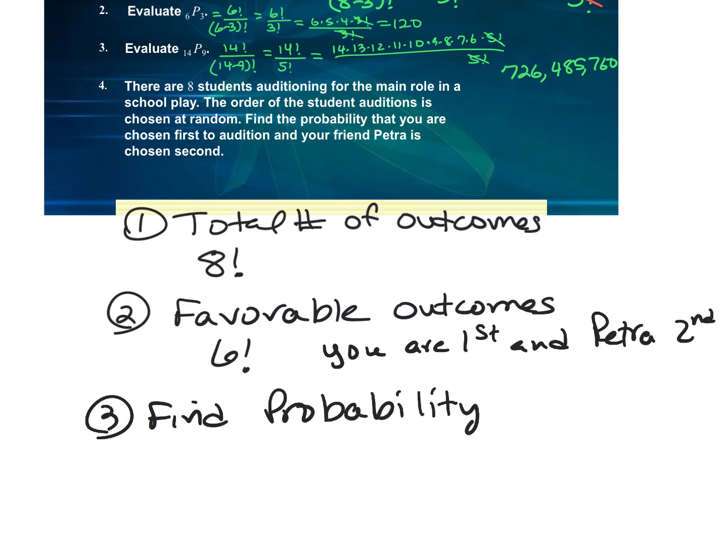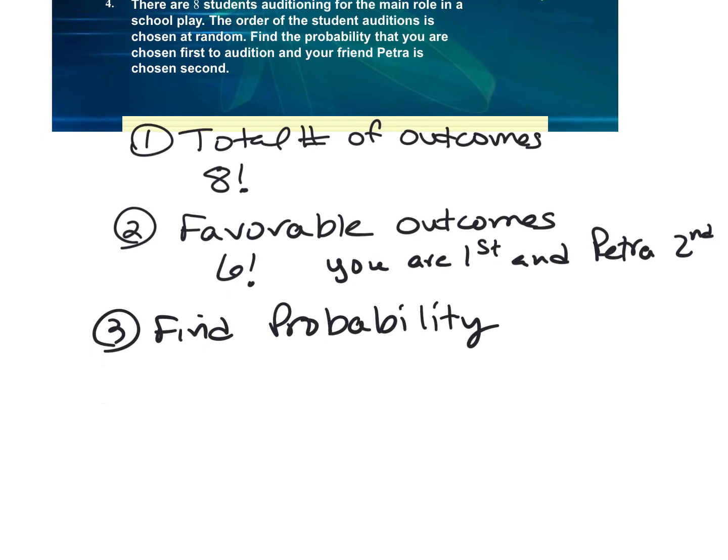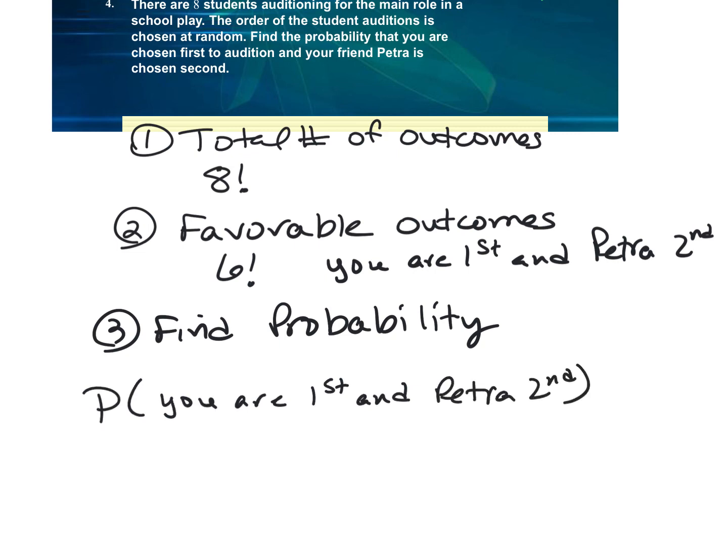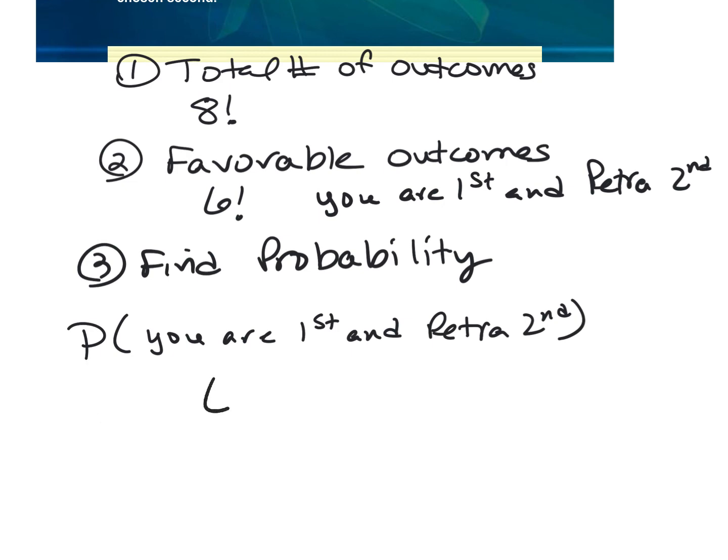And again, remember, probability is favorable over total. So the probability that you are first and Petra is second is going to be 6 factorial over 8 factorial.